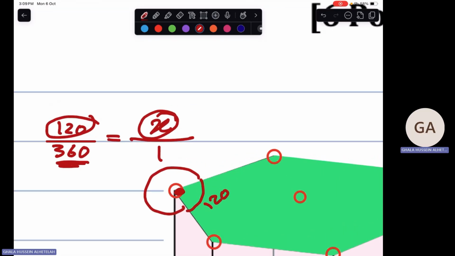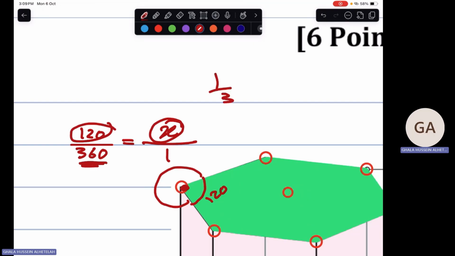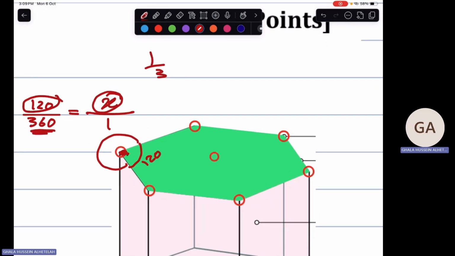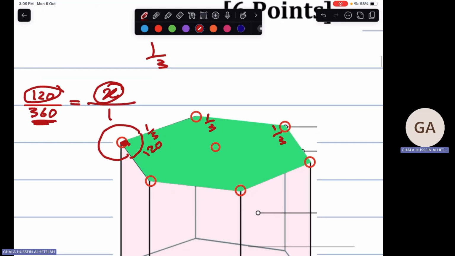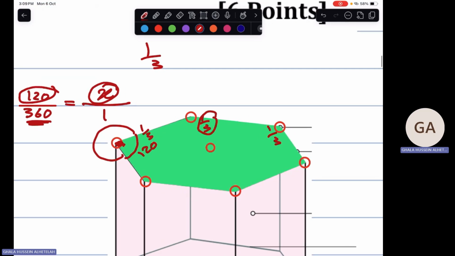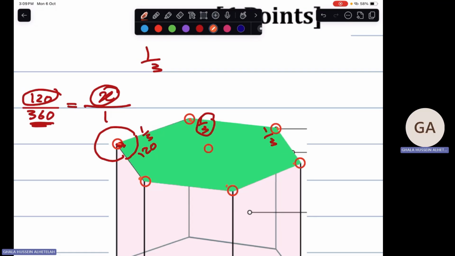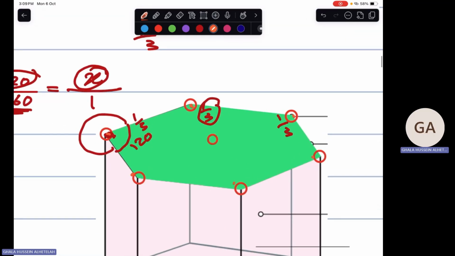You will find that we have a third of the whole atom in this part. So how many atoms do we have? We have هنا third وهنا third وهنا third. So basically you multiply the third by the number of atoms on the plane. So we have 1, 2, 3, 4, 5, 6 multiplying by a third, which is 2. And also we have one atom in the center of the plane, which is one full atom.